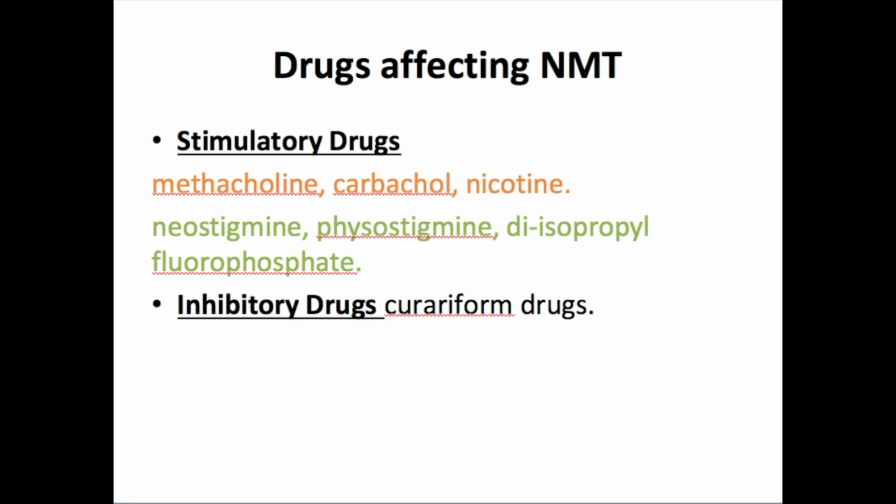The examples include neostigmine, physostigmine, diisopropyl fluorophosphate. The interesting ones are the chloroform drugs that block the transmission at the neuromuscular junction.